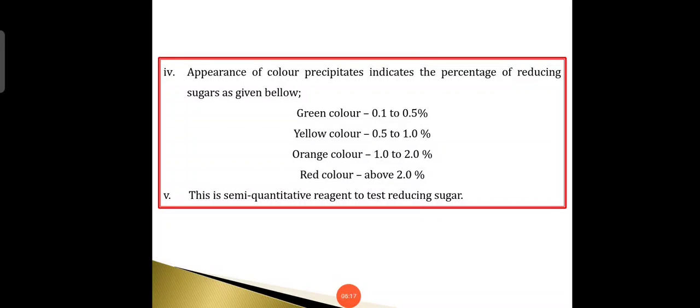If it changes to orange, then it means that 1 to 1.5% sugar is present in the given solution. And if the color changes to brick red, it means that more than 2% sugar is present in the given solution. So this is a semi-qualitative reagent to test reducing sugar. So this is the color interpretation of the Benedict's test.